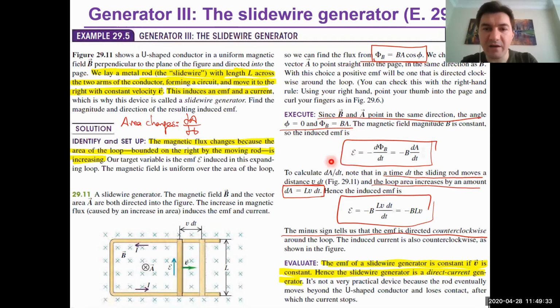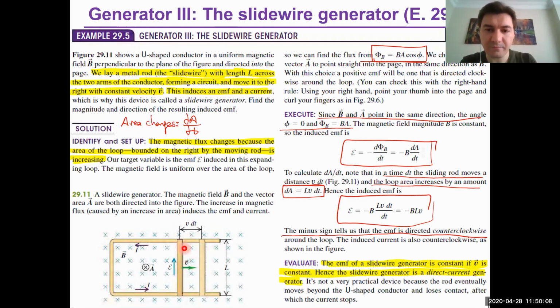So what is EMF? Put flux here and take the time derivative of it. Then here we have dA over dt. Indeed, the area changes by time. So what is dA? dA is given by L times V times dt. This is the dA area.